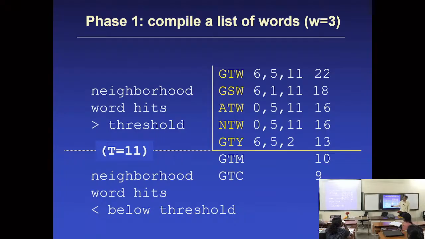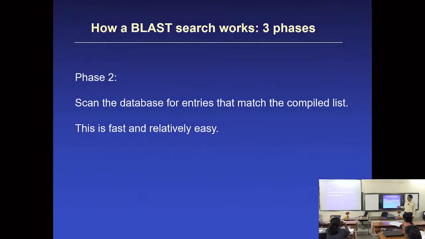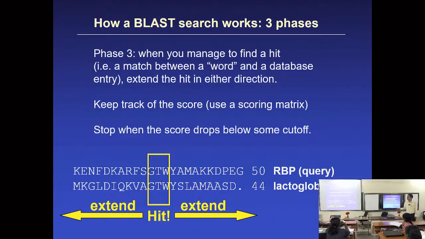But then a threshold has been put. So those better than the threshold will be kept. So these ones highlighted in yellow, and those that are worse than the threshold will be discarded. Okay. So these will be hits. Which means that when BLAST encounters these hits, so GTW aligned with a GTW in the database, it will be a hit.